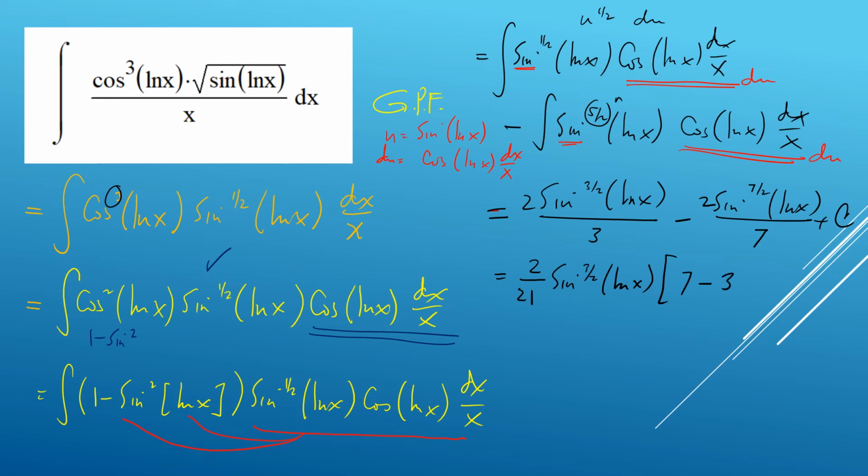Sine to the 7 halves, take away 3 halves from 7 halves, that will be 4 halves. So sine to the 4 halves, or 2, of ln x plus the constant c. There.